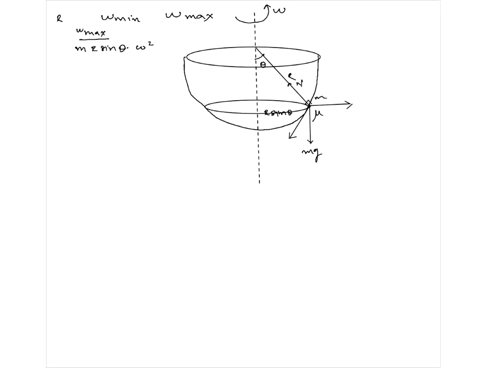Now friction will do its best, means it will become limiting. It is static friction, no slipping taking place. Yes, if static friction gives up, then slipping will take place and it will slip up.